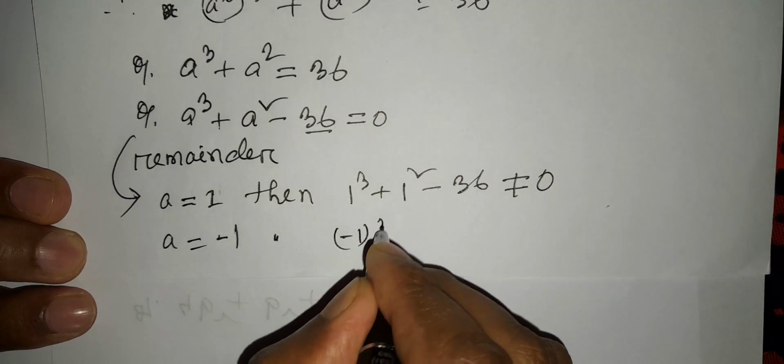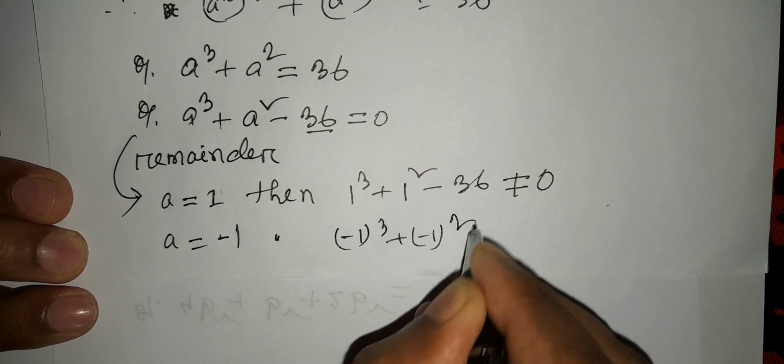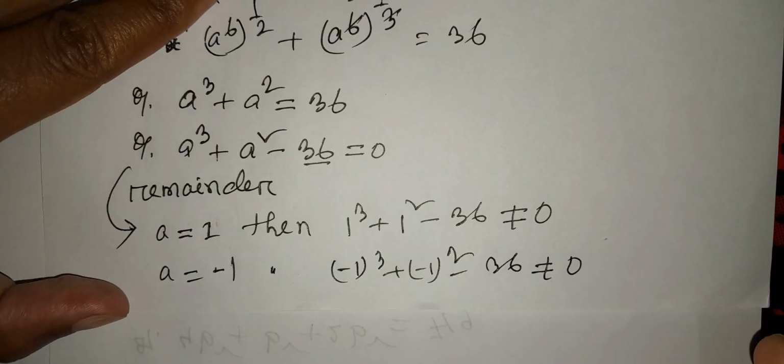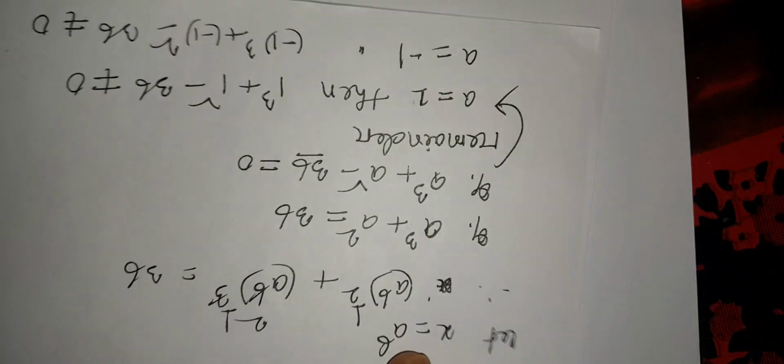A equal to minus 1, then minus 1 whole cube plus minus 1 whole square minus 36 is not equal to 0. So we write a equal to 2, then 2 cube plus 2 square minus 36 is not equal to 0.